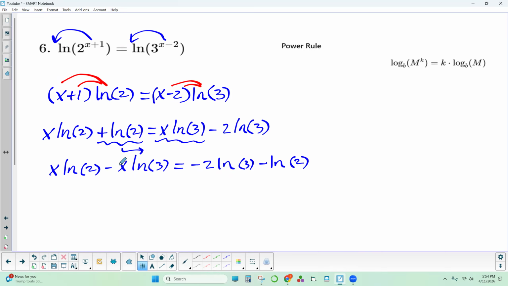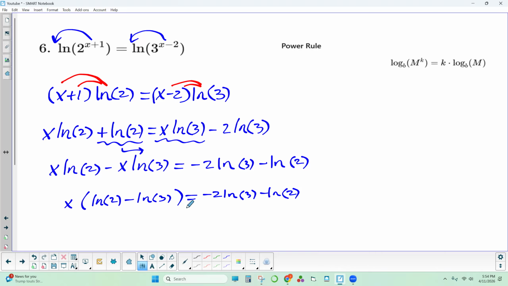And now, in order to isolate this x, I'm going to factor this out of these two terms. So that's going to give me x times the natural log of 2 minus the natural log of 3 equals negative 2 times natural log of 3 minus natural log of 2. All right.